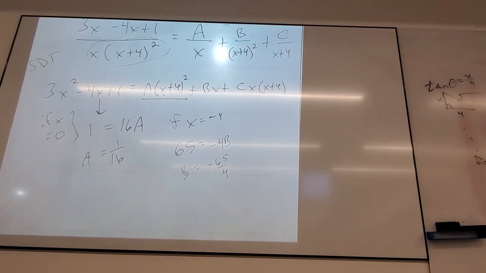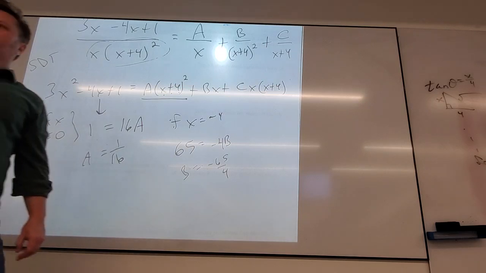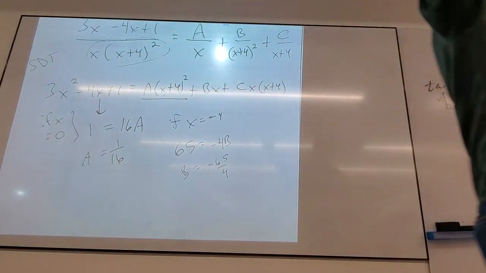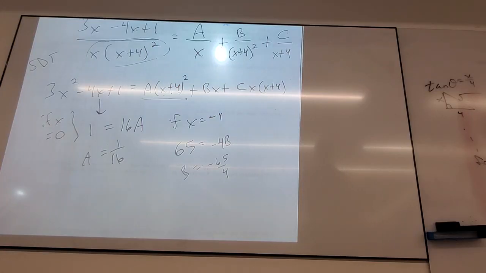Is that the answer you wish it was? No, too bad. Now, are there any other values of x that I could use to help me do this? We kind of used them up, right? There's no other values of x that make things negative. What's the only letter that I don't know yet? C. There's several different ways you could do this.